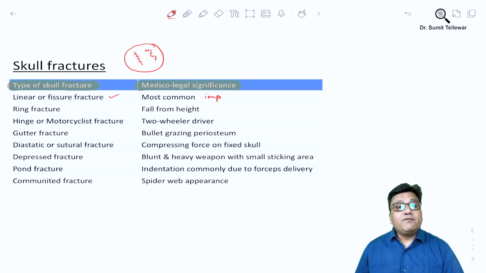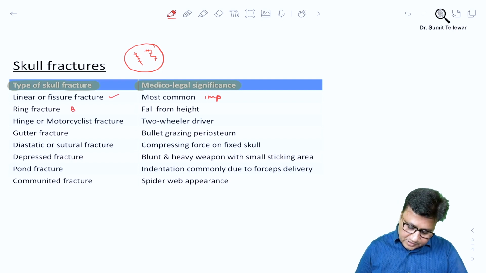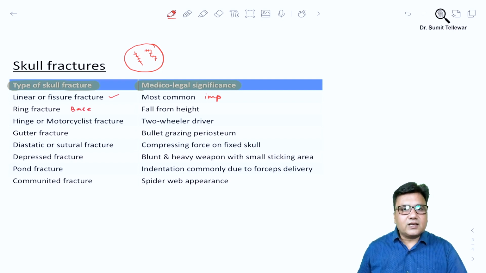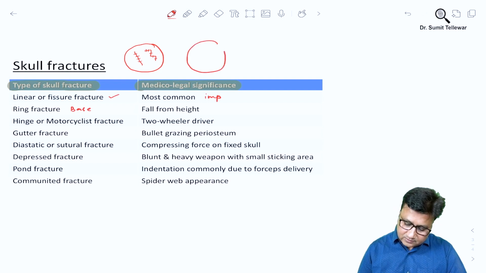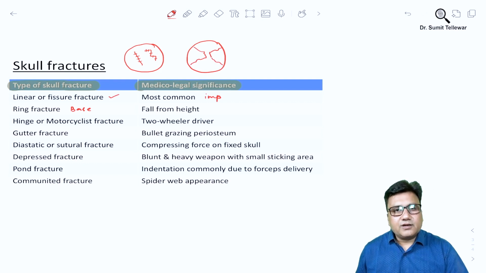Second is ring fracture. Ring fracture is a fracture which is seen in the base of the skull. So if you see the base of the skull, right, it is divided into anterior cranial fossa, middle cranial fossa and posterior cranial fossa.